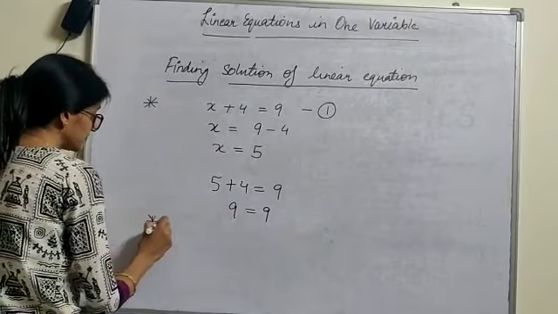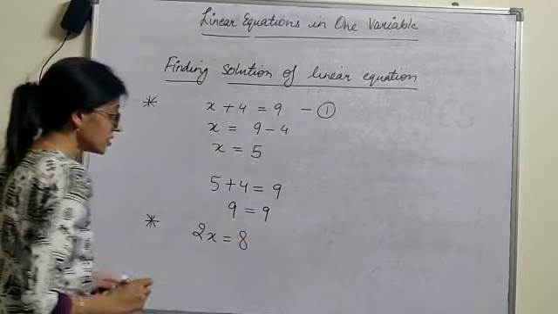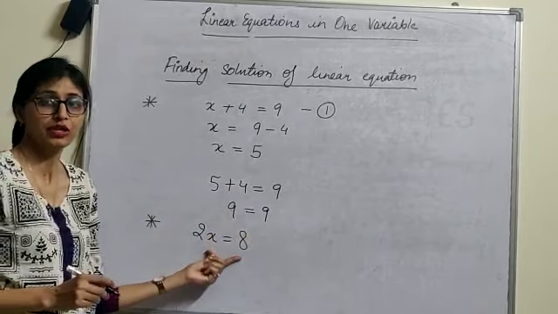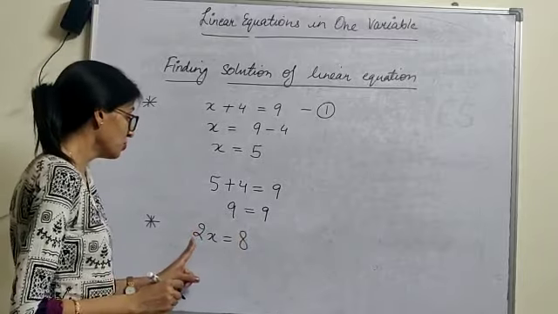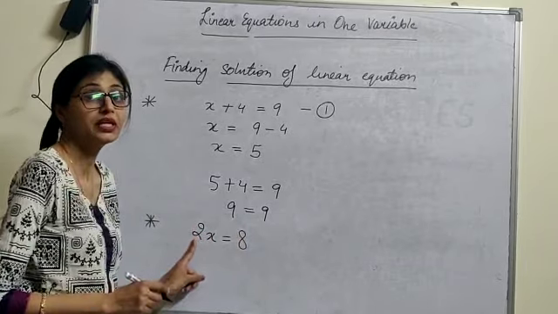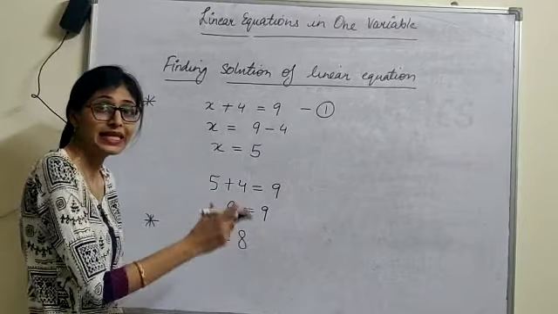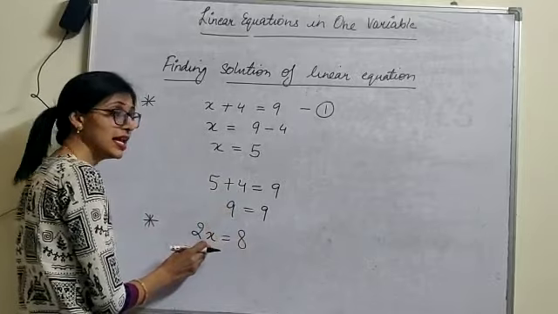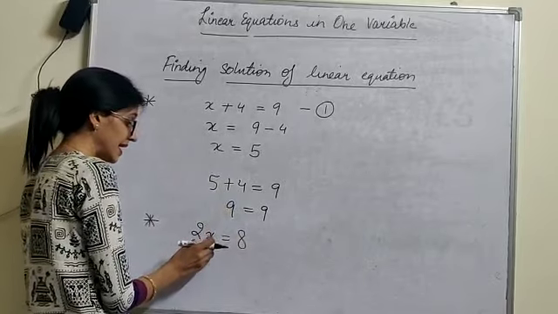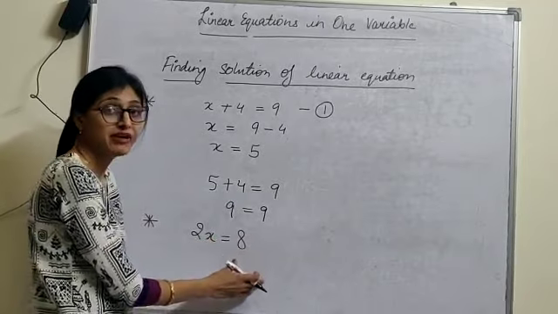Second part is 2x equals to 8. Suppose this is an equation given to you. Now 2x. X is in multiplication with 2. Now whenever there is a number in multiplication form on the left hand side, when I take this number to right hand side, it becomes divide.